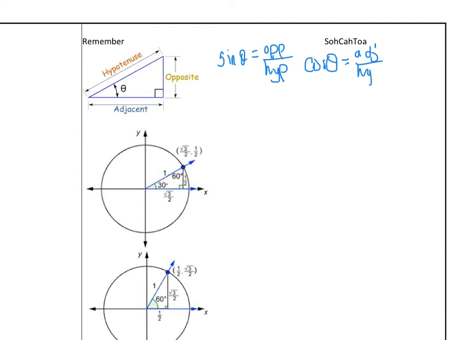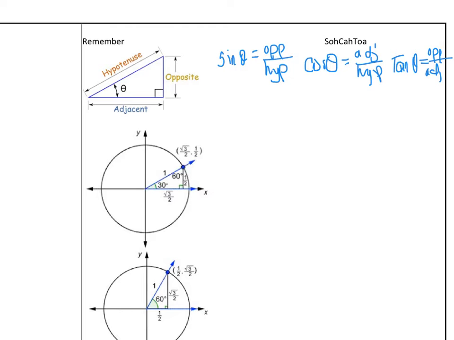And then our tangent, TOA. Whoops, I just wrote TOA, meaning tangent of theta equals opposite over adjacent. So we're going to keep those in mind as we look at triangles on our unit circle.